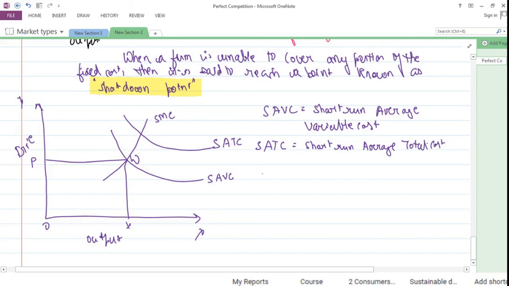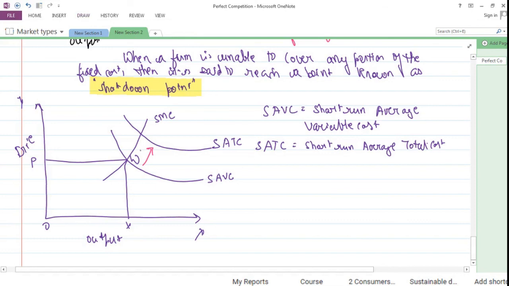Why? Because here मेरा total cost यहाँ पे है. तो ये जो portion है which is uncovered, which is not being satisfied by the price that I have determined, this is the loss that I would be making, and if it keeps on accumulating, I will not be able to continue the production.